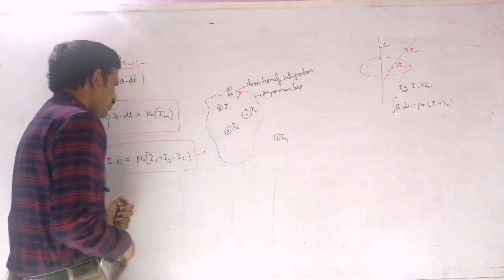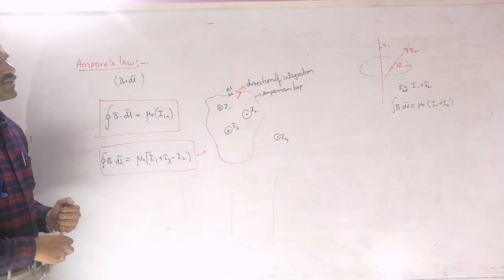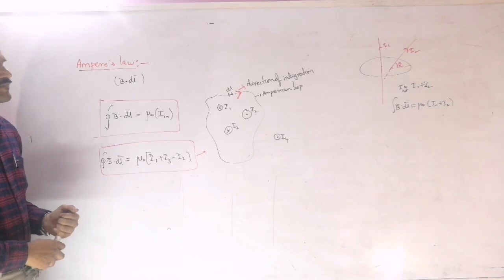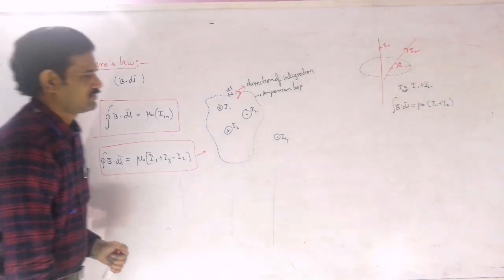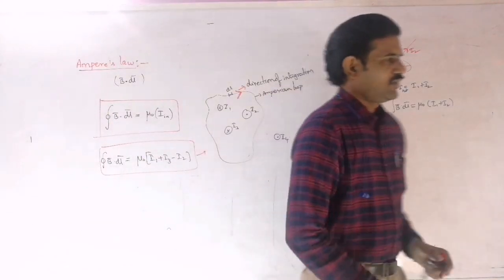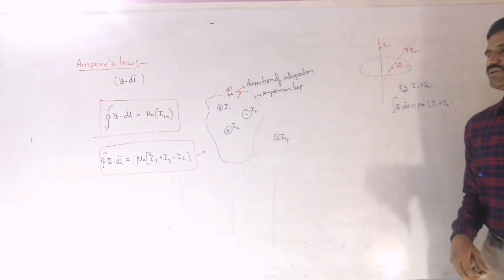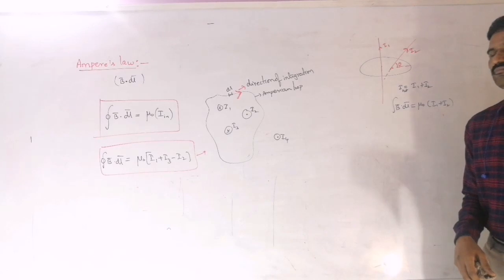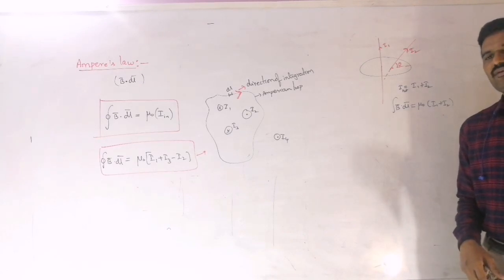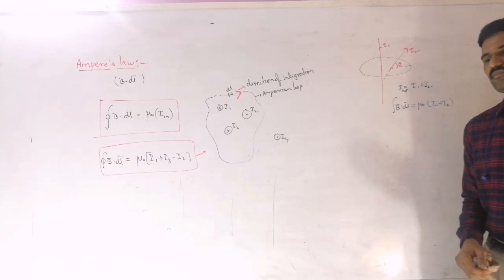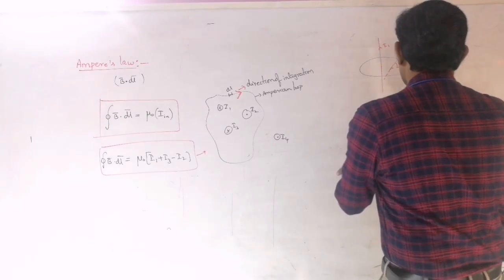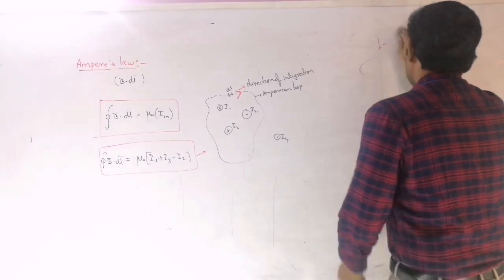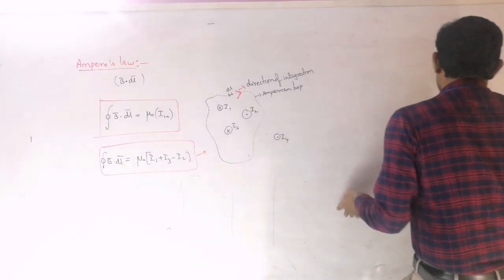And then another important point regarding this, you may mention some points here regarding this Ampere's loop. Mention that Ampere's law plays a similar role as that of Gauss law in electrostatics.